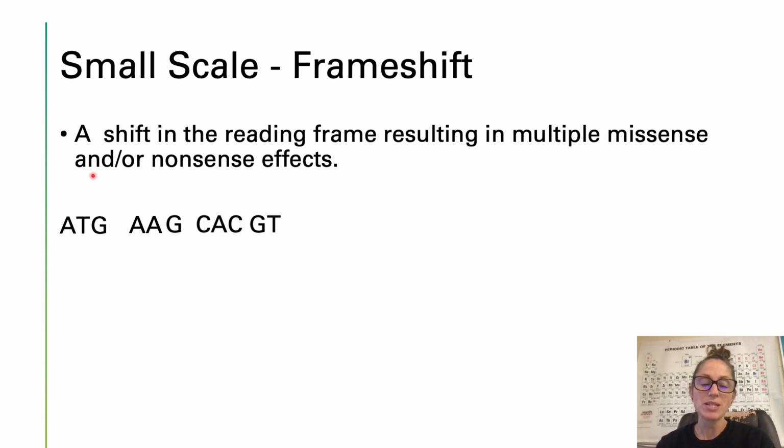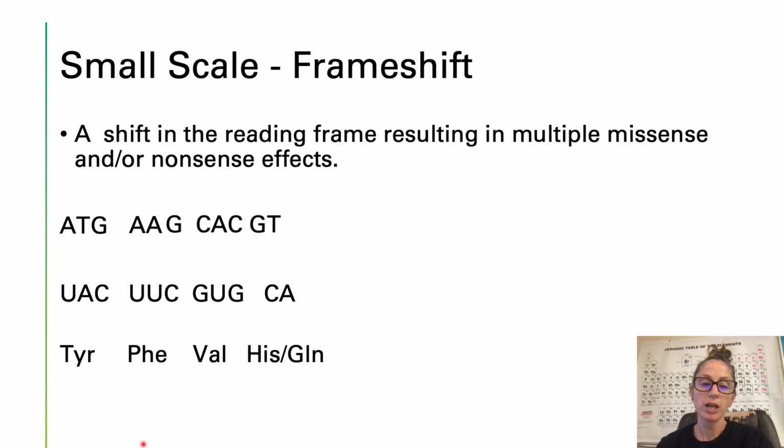So now we still have our methionine, but everything else is different. So there's our RNA strand, and now we're getting tyrosine, phenylalanine, valine, and then, if something is following this, you would get histidine or glutamine. So everything is shifted from downstream.